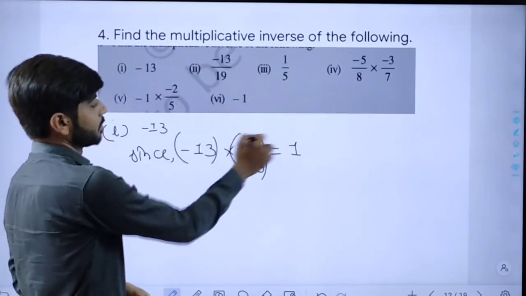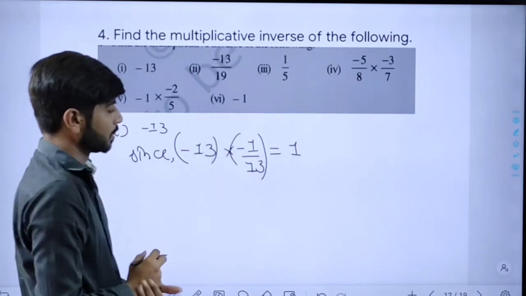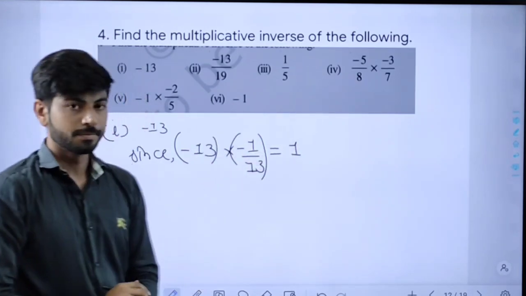So we will get minus minus plus, and 13 will be cut and we will get plus 1.